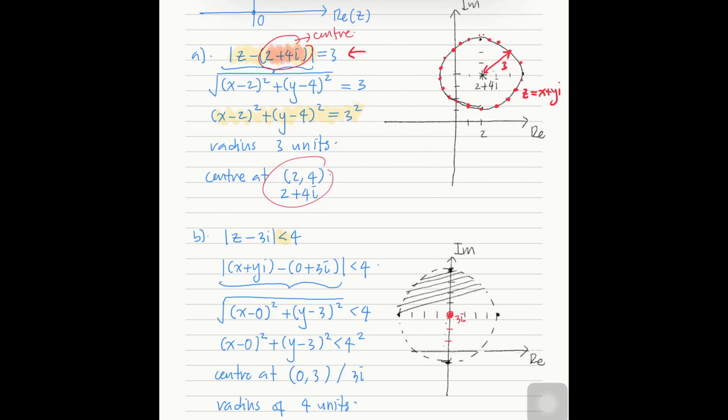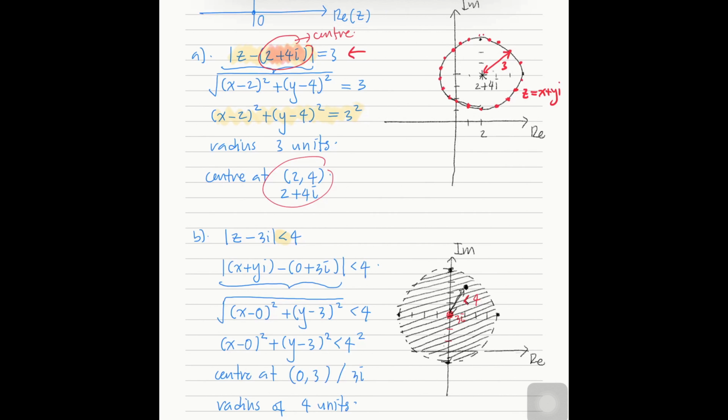That means the complex number z must lie within the circle only, but not on the circumference. Geometrically you can think that any locus point that lies within the circle has a distance always less than 4 units. Hopefully you can understand this example.